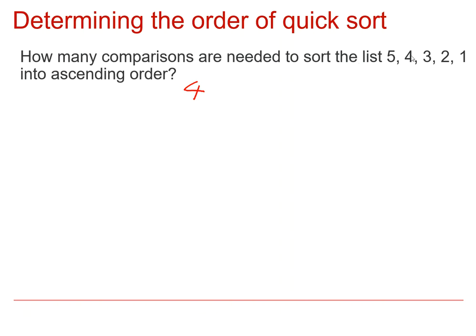So 4 will be our next pivot, and there'll be 3 numbers that we'll compare with that 4. So that's another 3 comparisons. And of course that will just keep going, so we'll end up with 4 plus 3 plus 2 plus 1. So with a list of 5 numbers in descending order, Quicksort is going to require 10 comparisons.